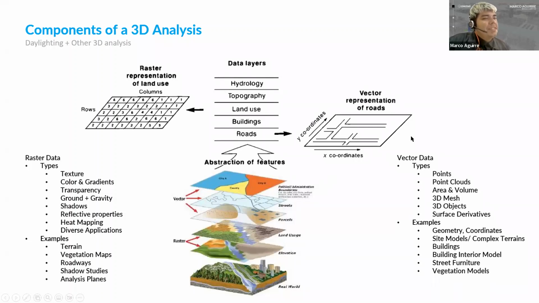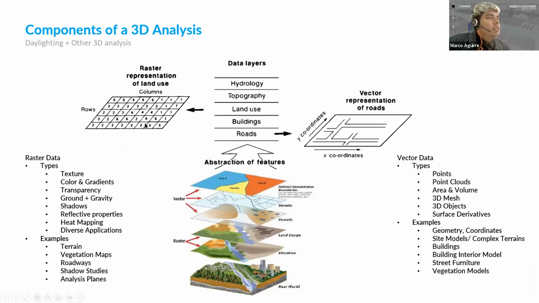We need to create the vector data, which is the 3D points. So that's going to include things like the points, the areas, the volumes, the meshes, the objects, any sort of derivative of a surface, like any of the actual 3D component. Like if you were to touch that surface, what would you feel? What are the distances between those points that help us recreate the actual model?